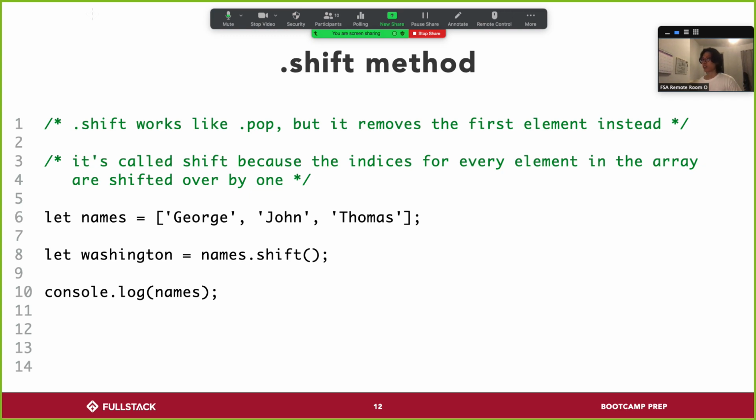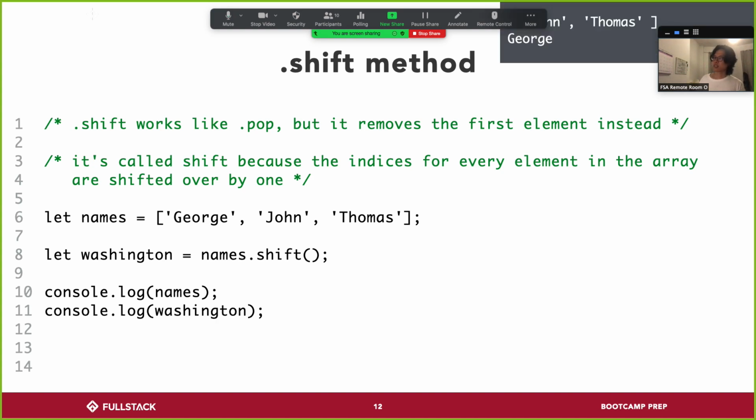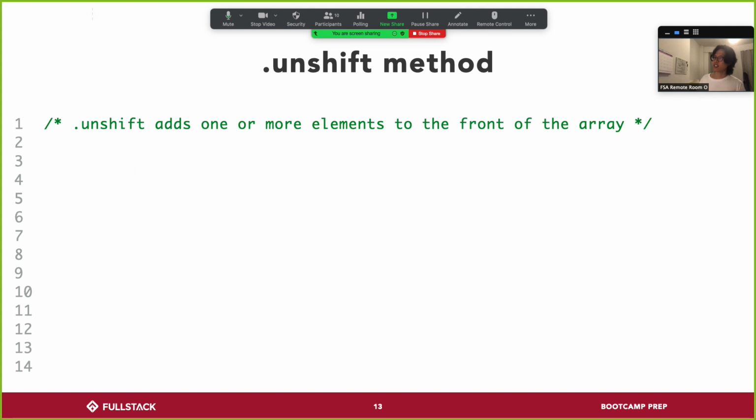Any takers at what this would log out to the console? John, Thomas, and then George is removed. Yeah. Nice. Unshift adds things to the front, so it's just the exact opposite of push.